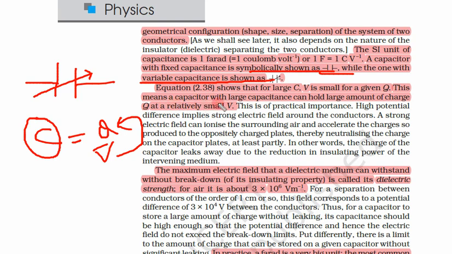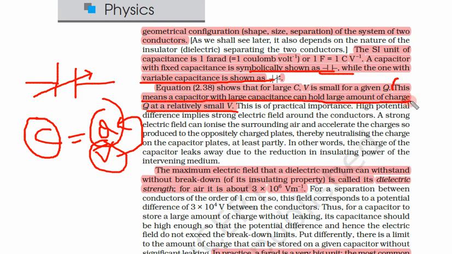This means a capacitor with large capacitance can hold large amount of charge at relatively small V. That means V is small, Q is large. You must write this sentence: a higher capacitance capacitor must hold higher charge for a small value of V.